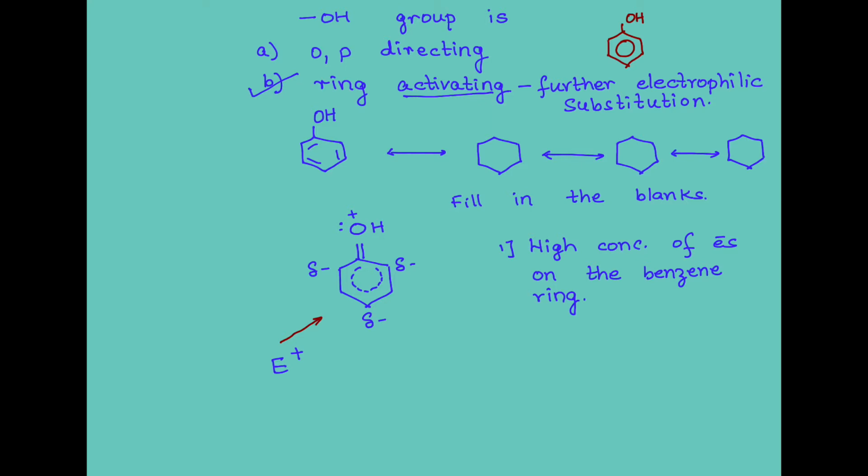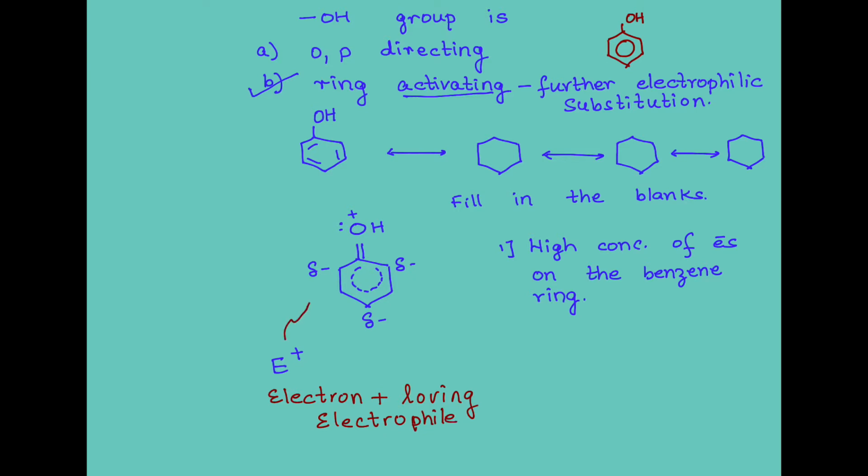Now let's see, where will this electrophile like to go? Yes, of course, at positions where there is negative charge, because it is an electrophile, electron loving. Phile means loving, right? So it likes to go at the negative centers.